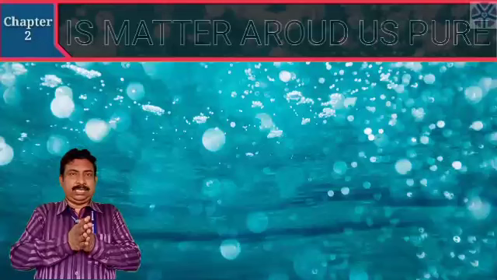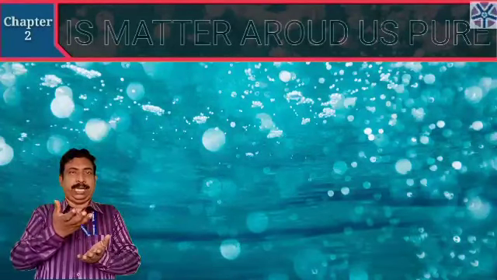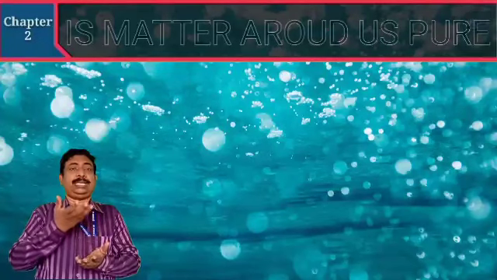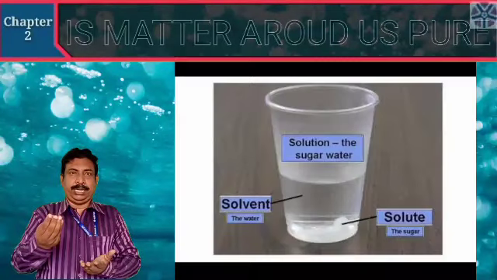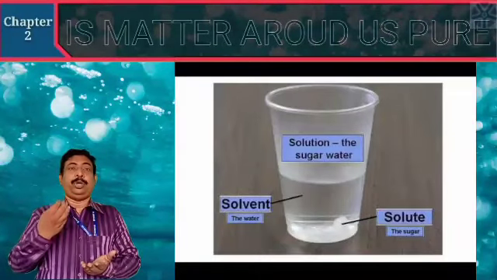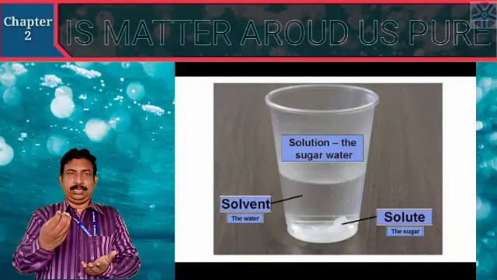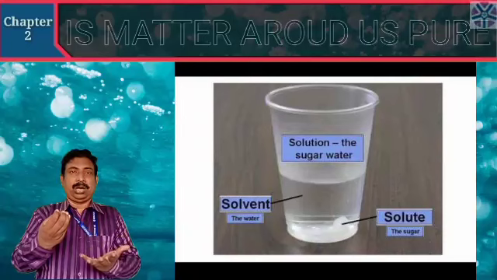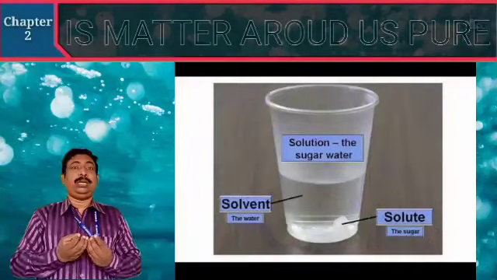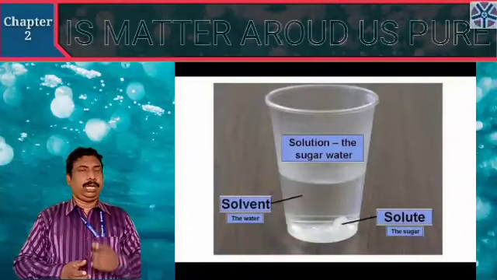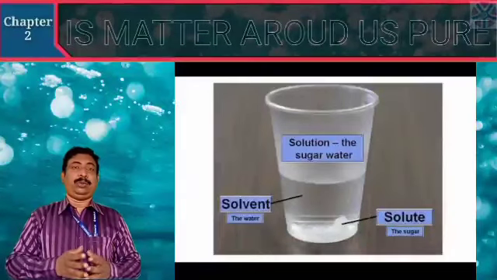Now, as it is mixed with two different materials, the one of larger quantity we call the solvent, and the other one of minor quantity, which I mixed, I am going to call the solute. Solute is of lesser quantity, solvent of larger quantity. Now solute is dissolved in solvent and we get the solution. Come back to the example, salt water. How much salt will we add into the water?